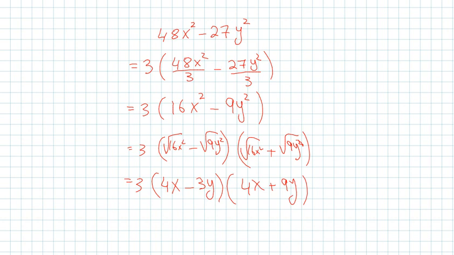When it's like 16x squared plus 9y squared, you cannot factor that, because for the rule to work, it has to be a negative in between them. Right? Are we okay with this?